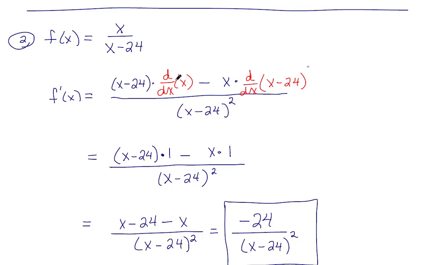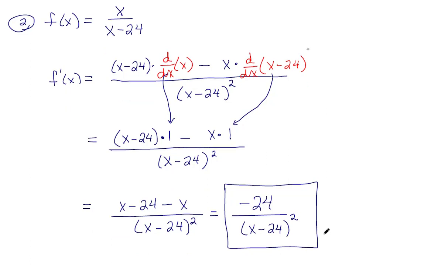Well, the derivative of this x is just 1. The derivative of x minus 24 is 1. And so now it's a question of simplifying. So x minus 24 minus x cancel, and we get minus 24 over x minus 24 squared.